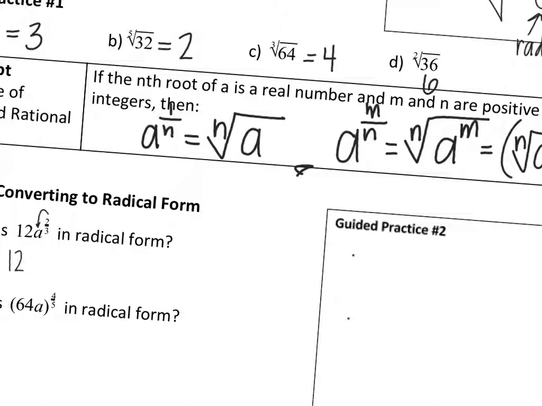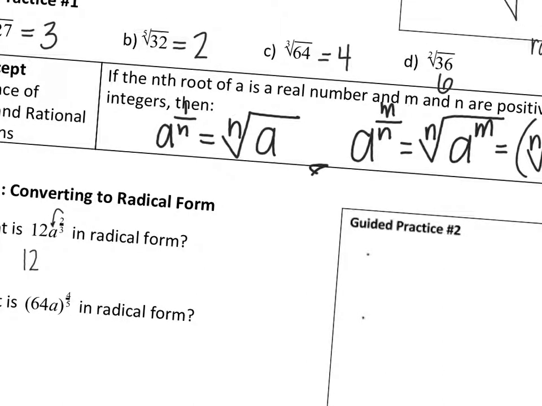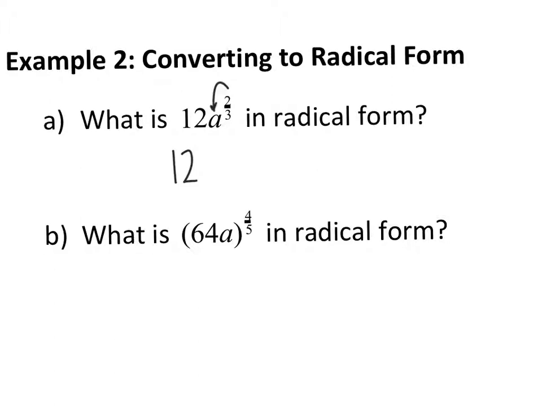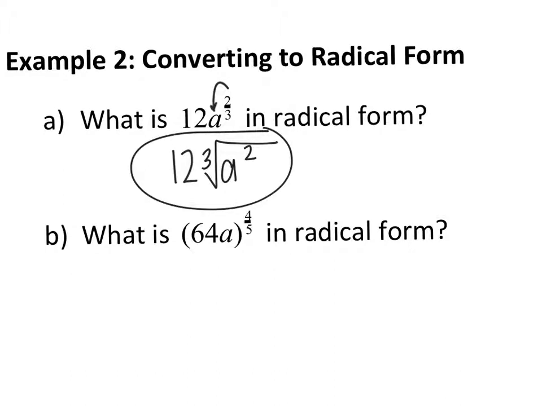So the top goes for your exponent, and the bottom is your index. We're going to do the same thing for our problem. Our a goes under the radical, our top is our exponent, and our bottom is our index. And that's going to be our final answer. We're not actually doing anything with it, we're just rewriting it and putting it in a different form.